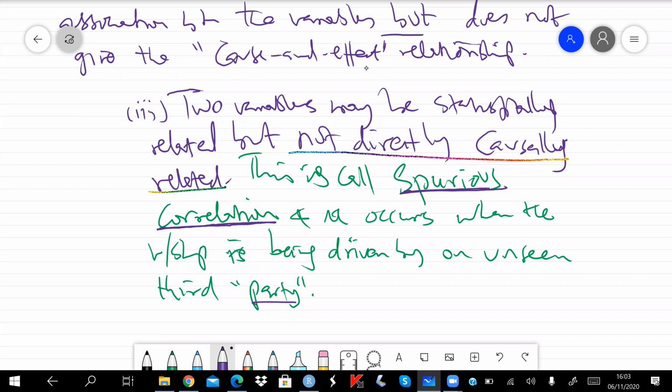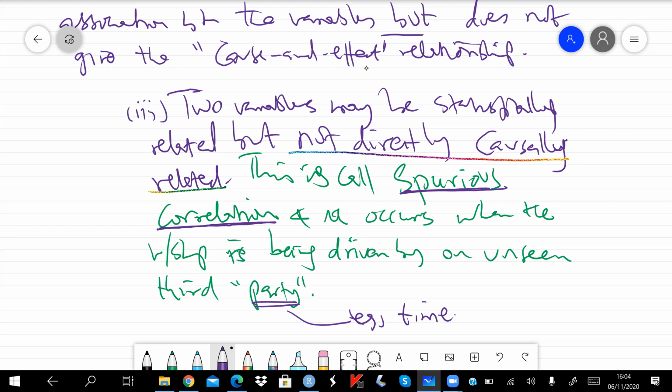In most cases that third variable will be time. Every variable is changing with time, so when you plot them, it gives the impression that they are highly correlated. But if you remove the effect of time from the measurements, you notice that the two variables may not actually be significantly related.